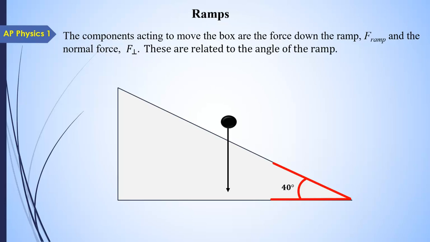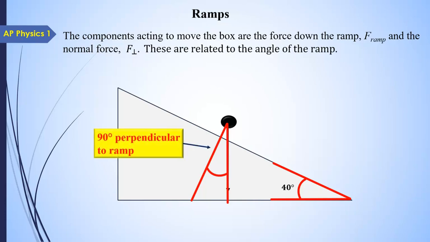So we take that angle, we move it over, we turn it at a right angle, and we see that the angle perpendicular to the ramp is 90 degrees from the ramp, and the angle perpendicular to the floor is 90 degrees from the floor, so that forms a 40-degree angle. Whatever the angle of the ramp is, that's the same angle that you're going to use to draw your vectors.